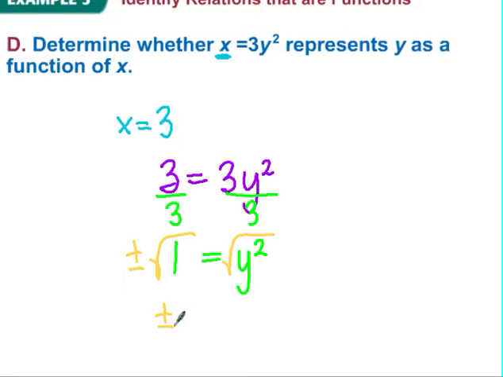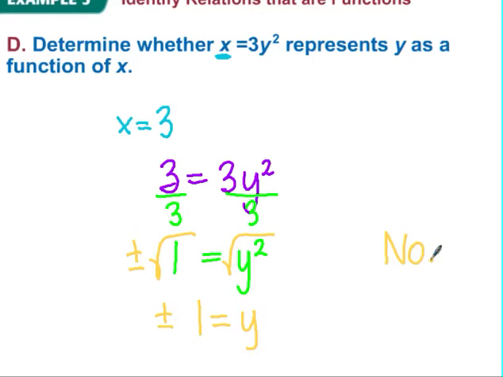What's the square root of 1? 1. So look at what I got for y. How many values did I get for y? 2, with 1 x. Can you have that? So this is not a function.